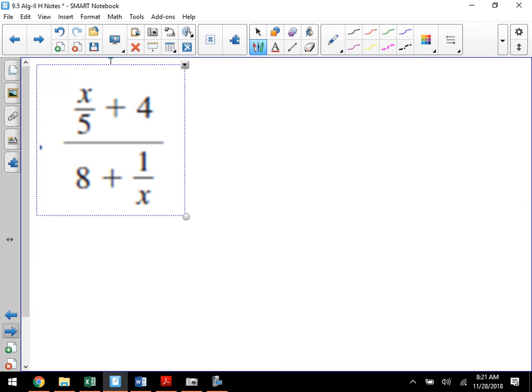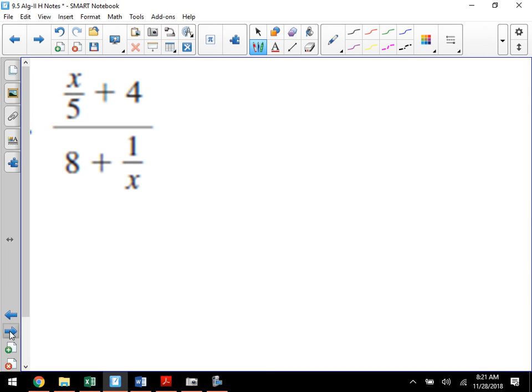So here's an example of one where we have to take care of both the numerators and the denominators of the complex fraction. But it's not bad, because there's no factoring involved here. Exactly. So again, this is the same thing as 4 over 1. This is the same thing as 8 over 1. The common denominator for the numerator is going to be 5.